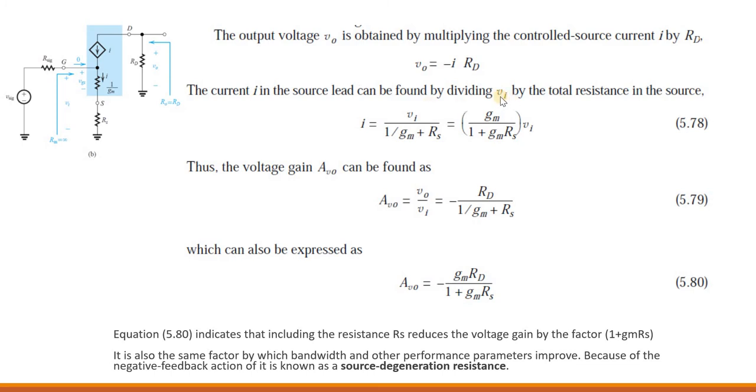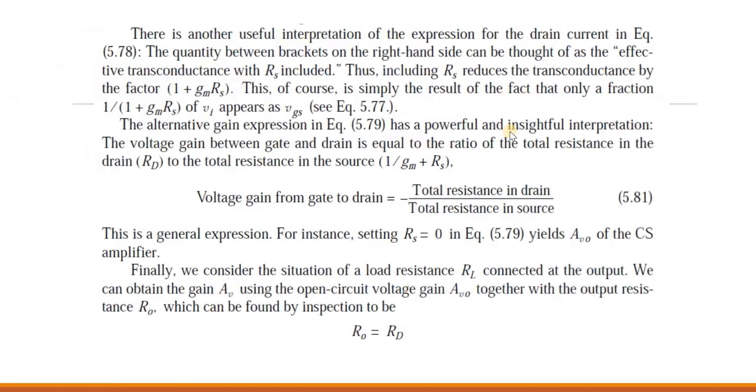Including Rs reduces the transconductance by the factor 1 plus Gm into Rs. This of course is simply the result of the fact that only a fraction of Vi appears as Vgs, as we said in the beginning. Not the full amount of Vi appears at Vgs, only a portion of it.